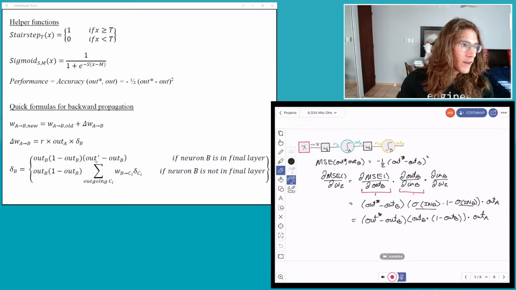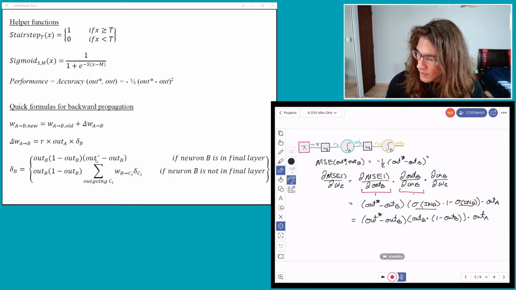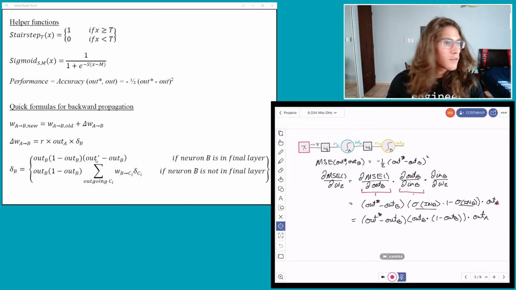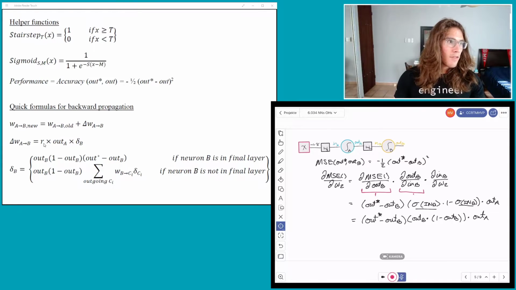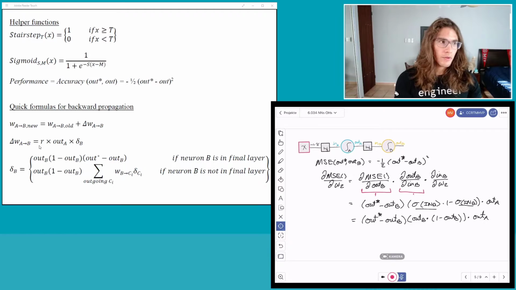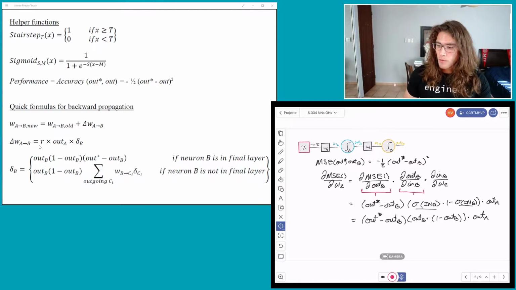And then at the very end of the equation in the canvas, right here, out A, this is this out A. And then we don't have the R term because I calculated only the gradient, the direction in which we would go. Then I multiplied by R, and that would give me delta WAB, as in the document that I'm presenting here on screen. So we know this method works this way.